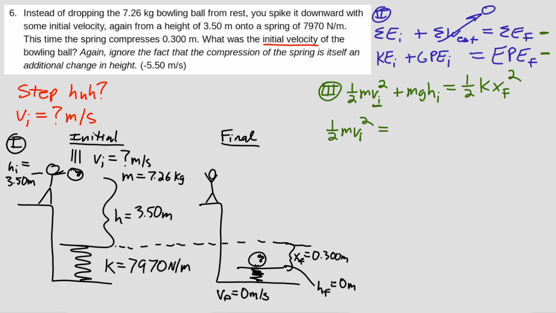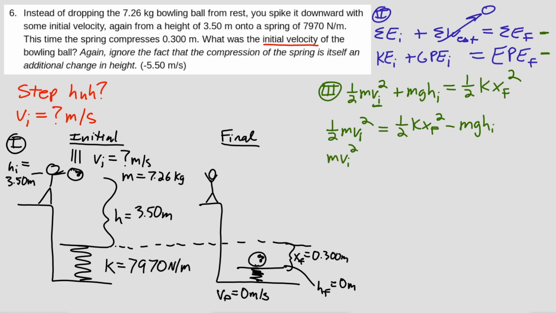First thing I'm going to do, to the 1/2 m V initial squared, is I'm going to subtract that second term from both sides. So I'm going to subtract mgh initial from both sides. So that'll give me 1/2 k x final squared minus mgh initial. So that's now on the other side.